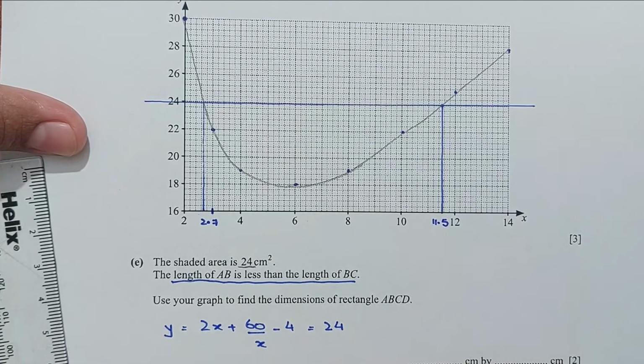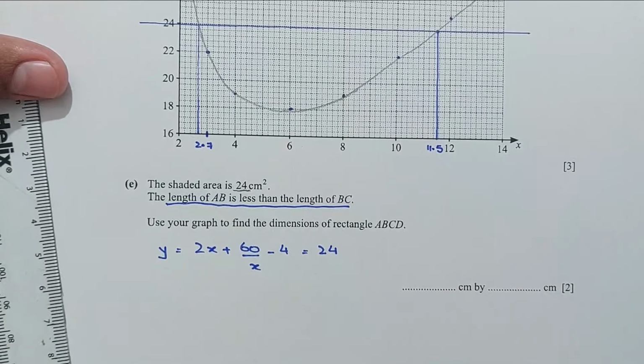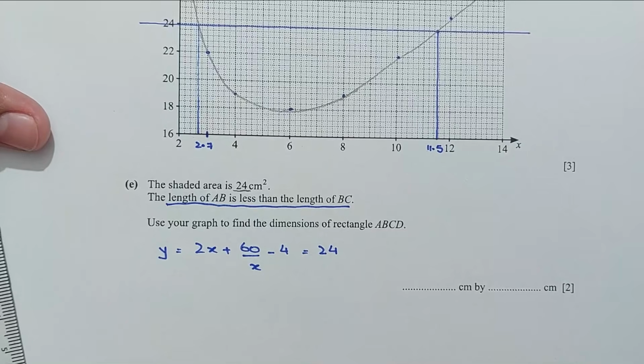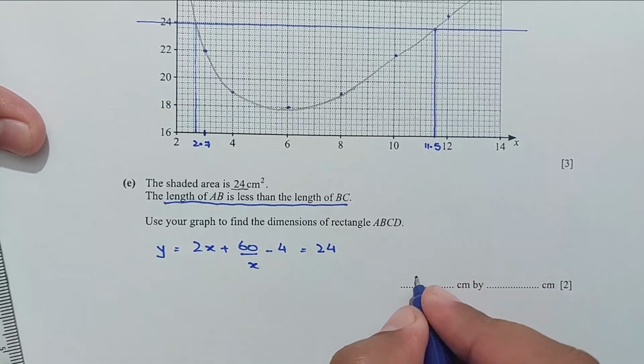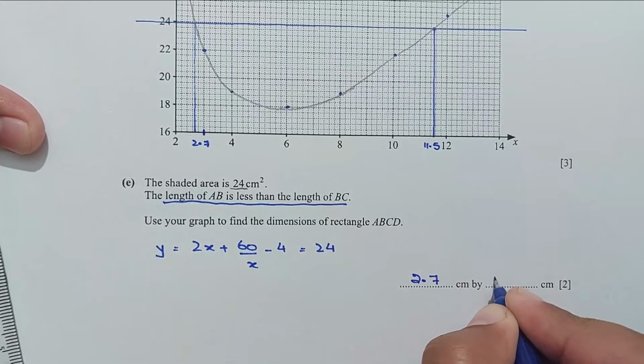As we have to use a graph to find the dimensions, and the length of AB is less than the length of BC, AB is 2.7 by 11.5.